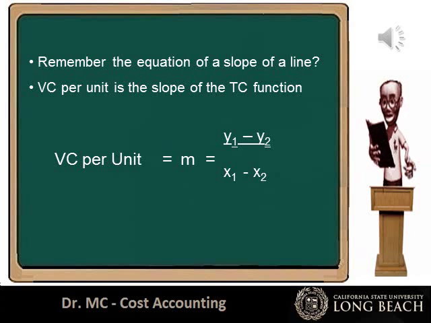That formula is y1 minus y2, divided by x1 minus x2. y1 is the cost for the highest activity month, and y2 is the cost for the lowest activity month. Similarly, x1 is the activity level in the highest activity month, and x2 is the activity level in the lowest activity month.